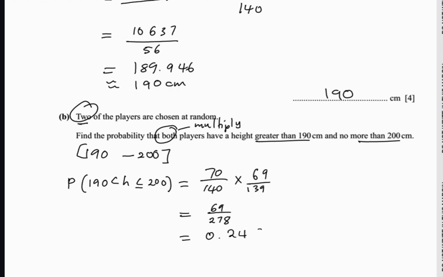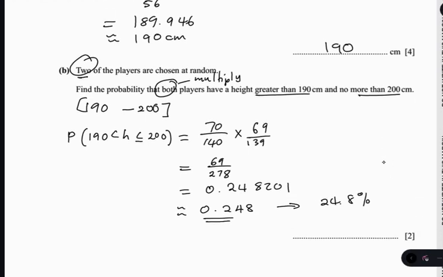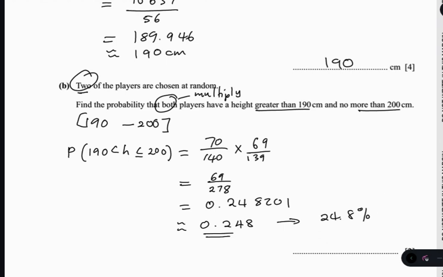That's 0.248201, which is approximately equal to 0.248 to 3 significant figures. Someone can decide to express this as a percentage, which is 24.8%. That will still be fine because probabilities can be expressed in any of those forms. I hope we got it right. Super.